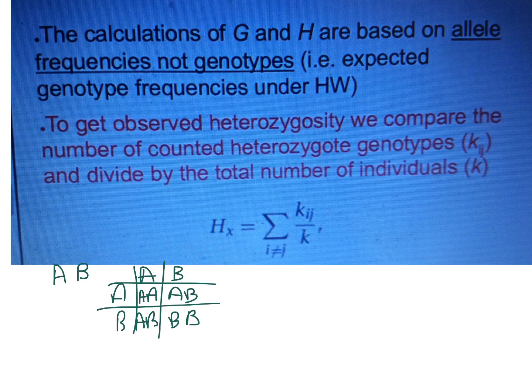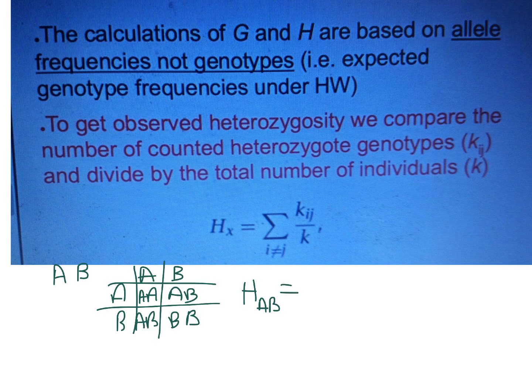And so if we were looking for the observed heterozygosity, then we would be counting the number of each type of combination. So let's say that we are trying to find the observed heterozygosity of AB.